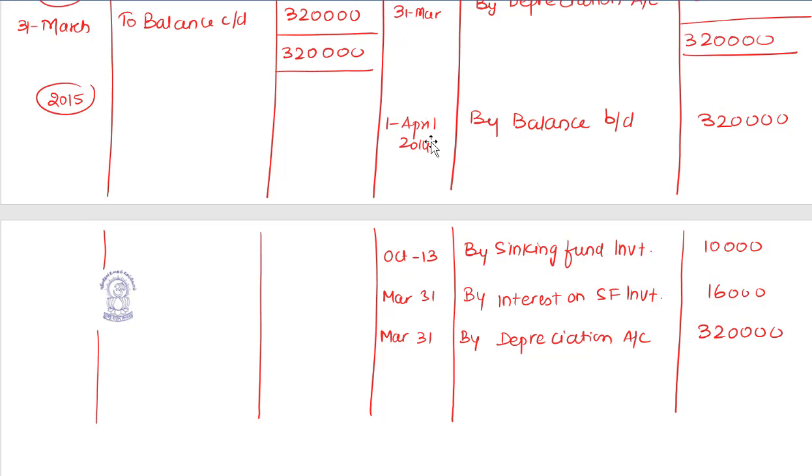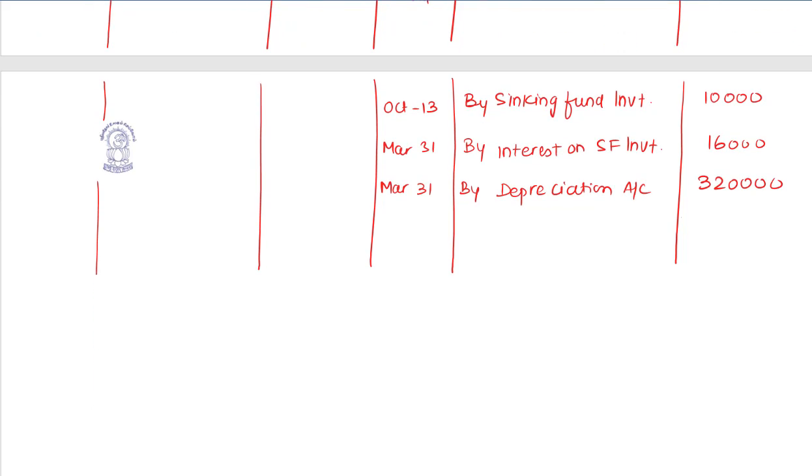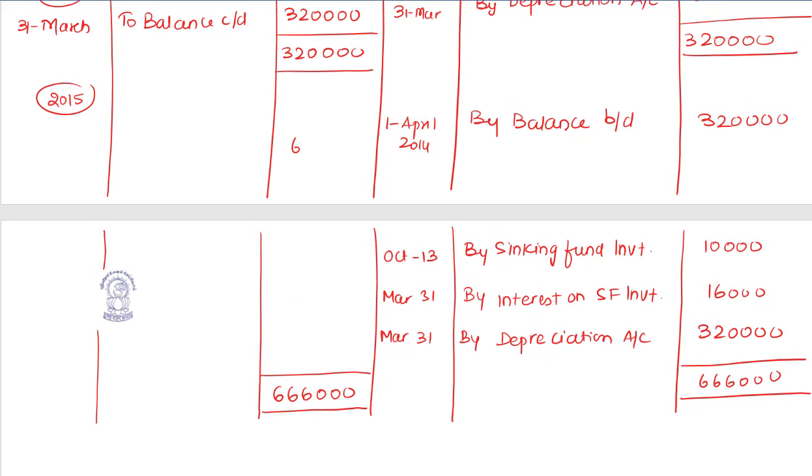Let us do the totals. On your calculators, 3,20,000 plus 16,000 plus 10,000 plus 3,20,000 is 6,66,000.